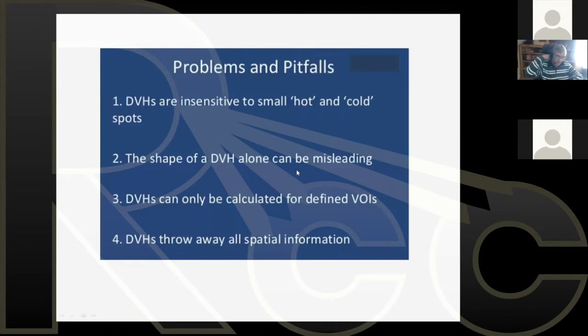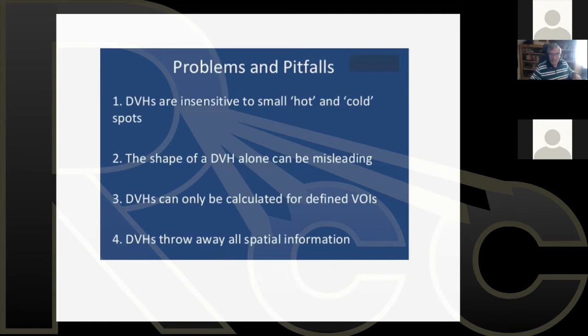Some issues with dose volume histograms: they don't really quantitate hot spots and cold spots very well. The shape can be very misleading if you don't know how to read it. Dose volume histograms can only be calculated if the doctor or the physicist or the planner has contoured an organ at risk or a target volume, and you have no spatial information.